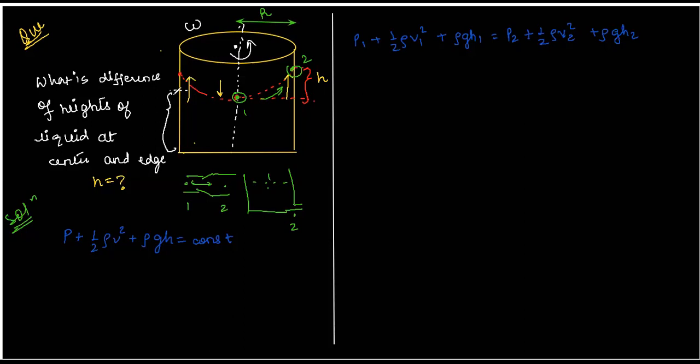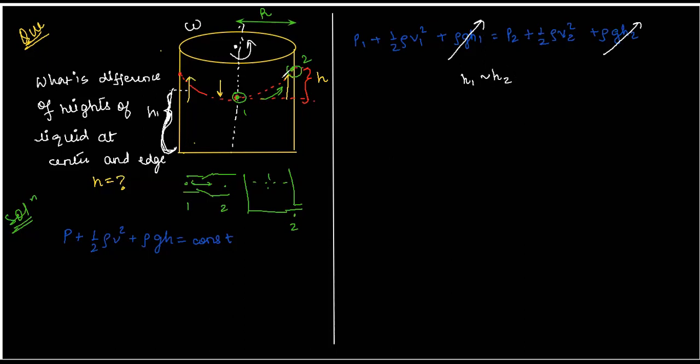Initially both of them from the ground are at the same level. So this difference is so small that I can take that h1 minus h2 is almost zero, or I can take that h1 is nearly equal to h2.